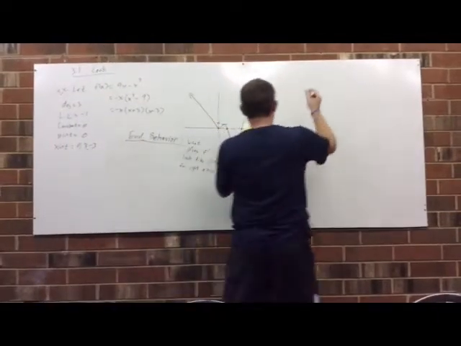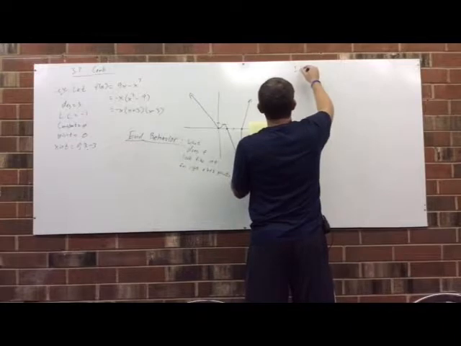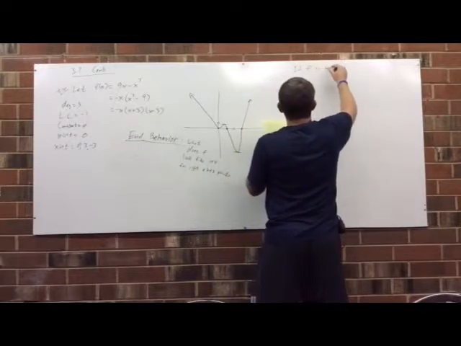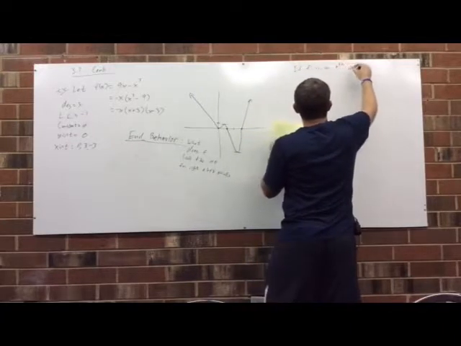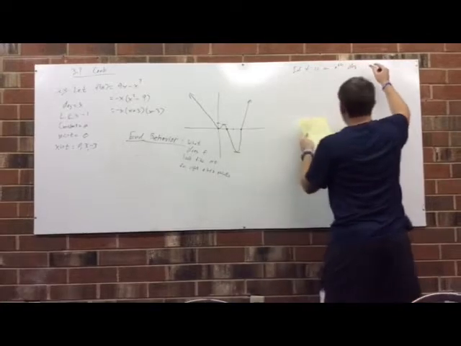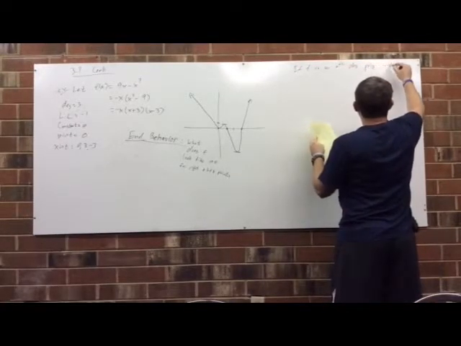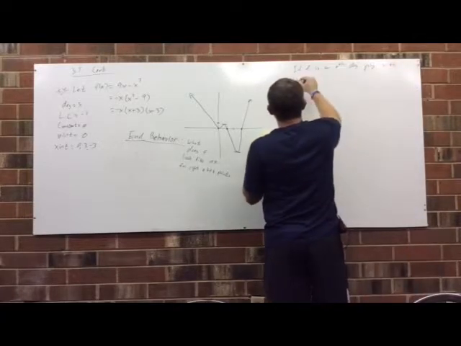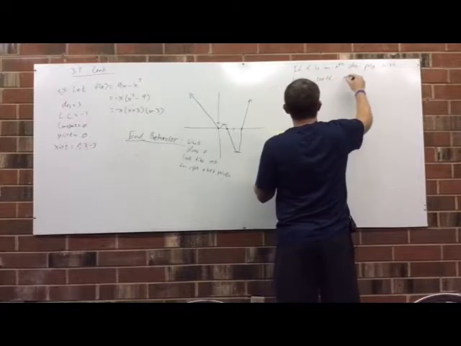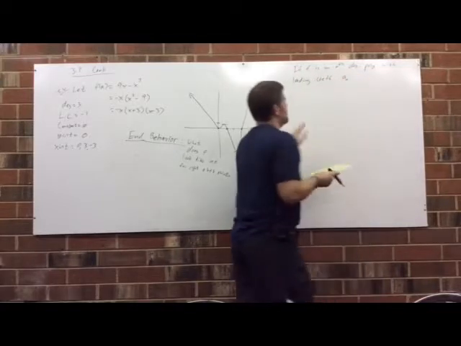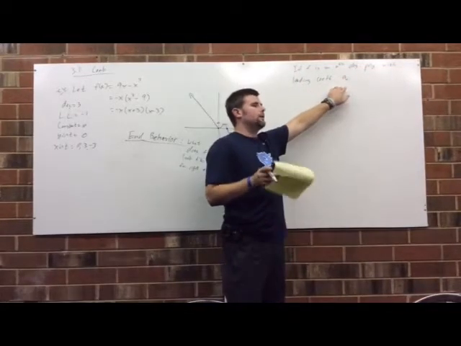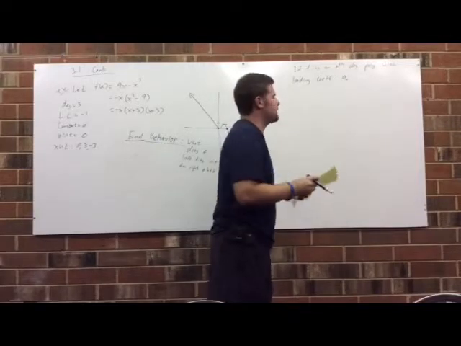All right? So if f is an nth degree polynomial with leading coefficient a sub n. So remember, in the standard form of a polynomial, a sub n is the leading coefficient.